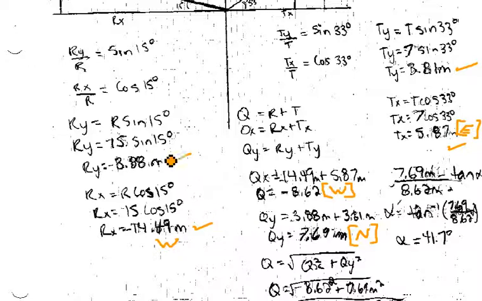And once you found out what all these values are, you have to add them together. So if your directions are both west, then you just add them together. If one's west and one's east, then you have to subtract one from the other, and then you have your direction. So again, everything you did here is good.